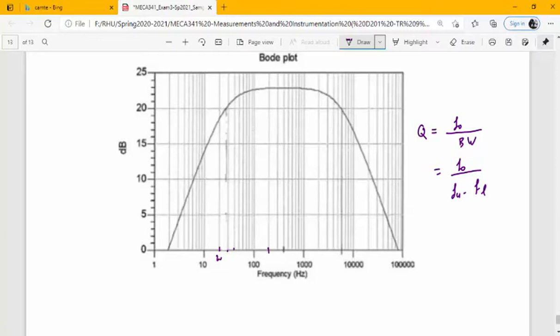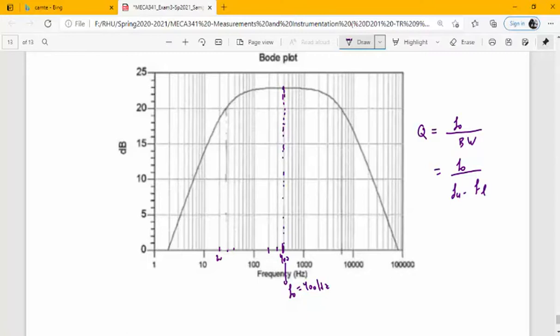Then we have 200, 300, 400, which is in the middle. This is F0, approximately 400 hertz. Once we reach 400, 500, 600, 1000, then we have 2000, 3000, 4000 and so on.